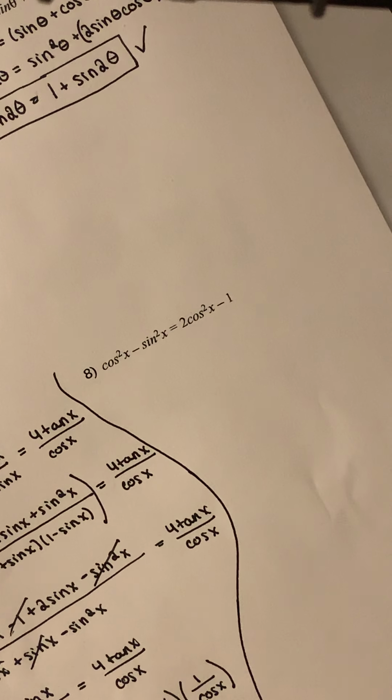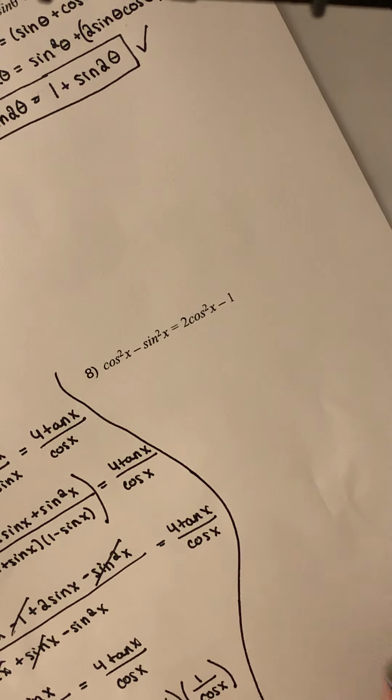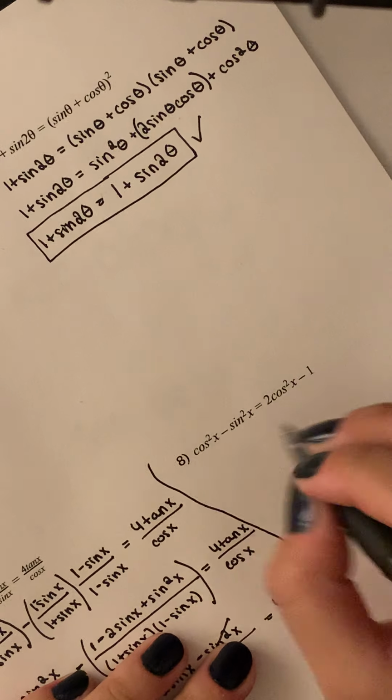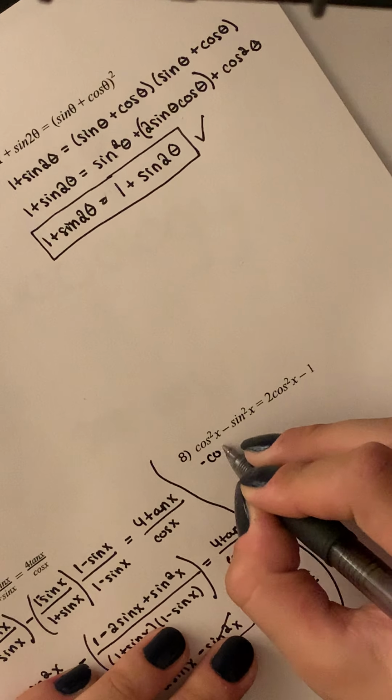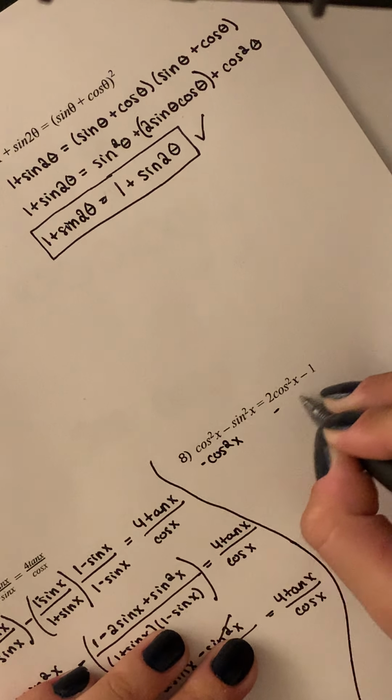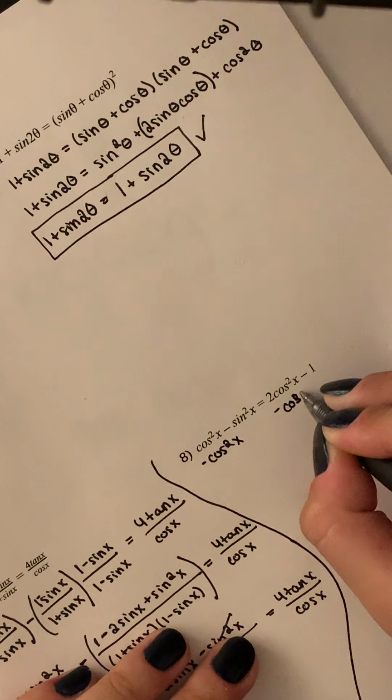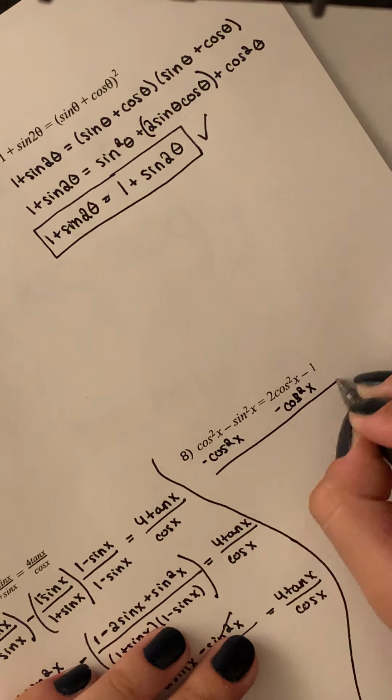But okay. What we want to do initially here is see that we have common terms on either side that we can get rid of to make this solution easier. We have cosine squared x on both sides. So I'm just going to subtract cosine squared x from either side.